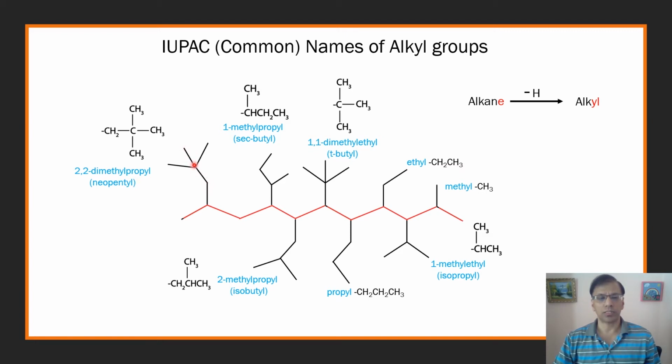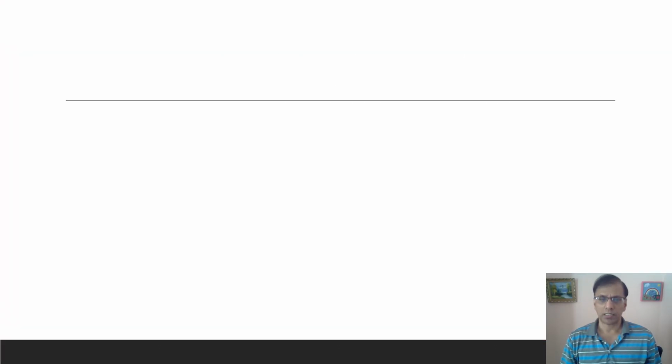So this is a substituent chain. Make yourself familiar with all the different alkyl groups, how they look when written in stick format or in bond line format. You'll keep looking at these structures throughout your organic chemistry class.